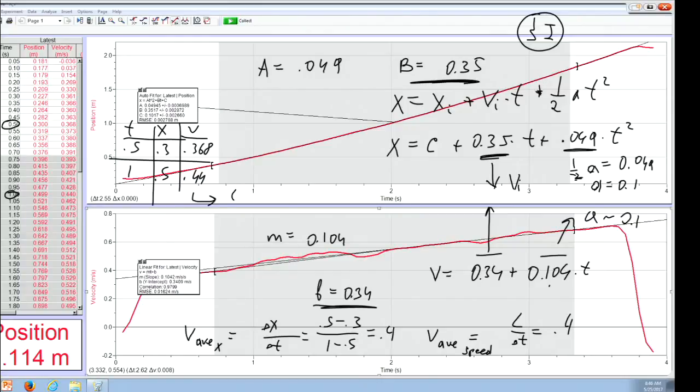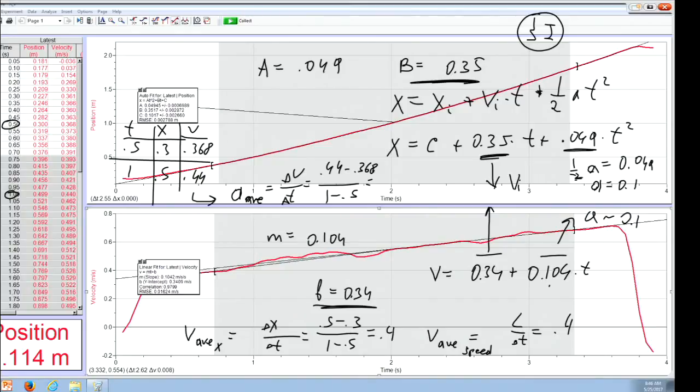Well, for average acceleration, we're going to need using velocities. So acceleration, average, delta V over delta T. So 0.44 minus 0.368 over, again, 1 minus 0.5.